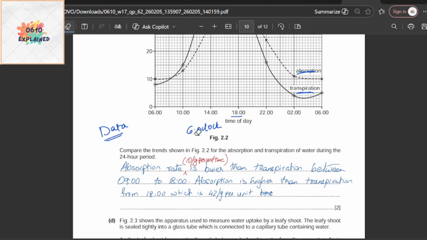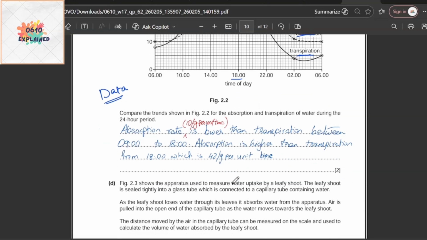If it is written in the .00 format, you follow that format. Okay, so we are saying that absorption has reached a peak at 18.00 and transpiration peaks between 14 to 16. Okay, so you can write these units over there.